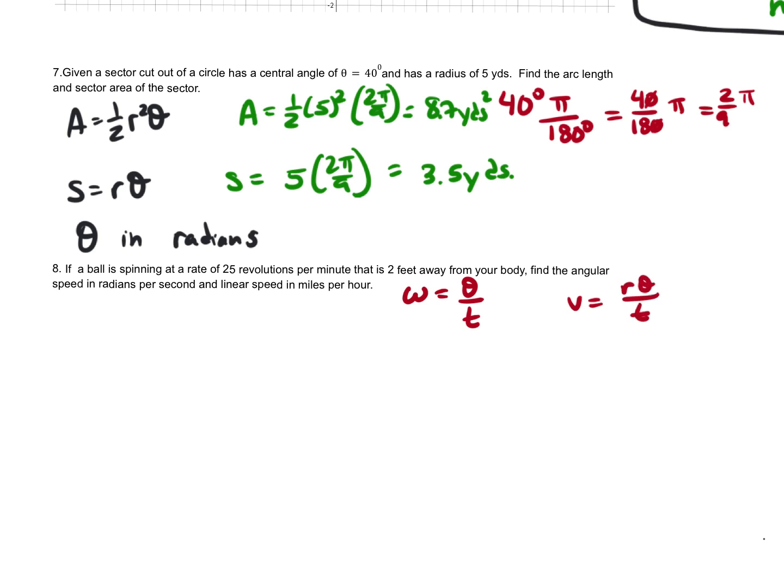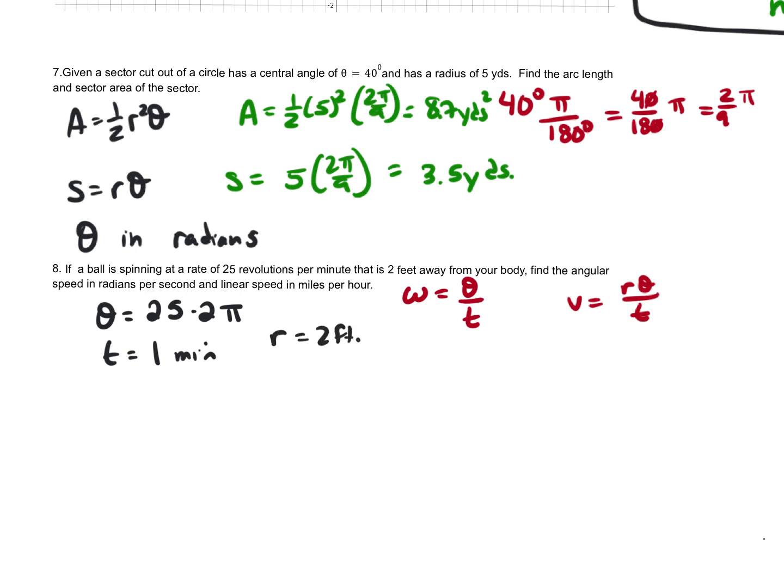All these formulas will be provided for you on the test, so no need to worry about memorizing arc length, area, angular speed, and linear speed. Now our angle, it says 25 revolutions per minute, so that's 25 times 2 pi, because it's 25 full turns. You might as well keep it in radians. The time is 1 minute, and our radius is 2 feet away from our body.